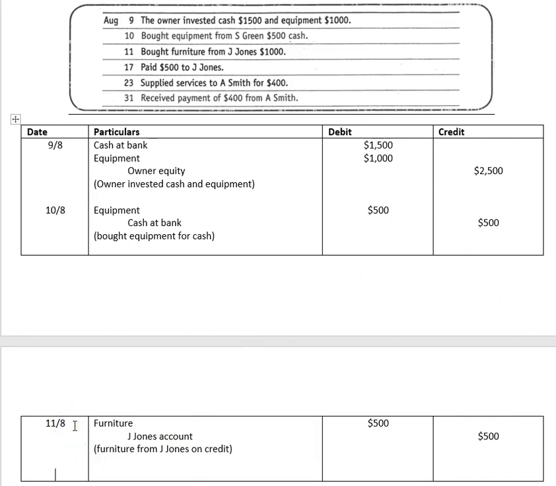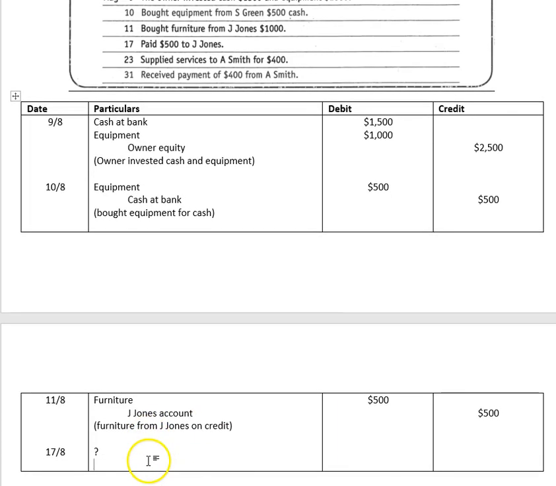So on the 17th of August, we actually paid J. Jones some of that money. Oh, all of that money. Okay, so we are paying him, we are paying off his account, and we are taking cash out of bank. So I might not know what the debit is, but I do know that cash at bank going down is a credit.